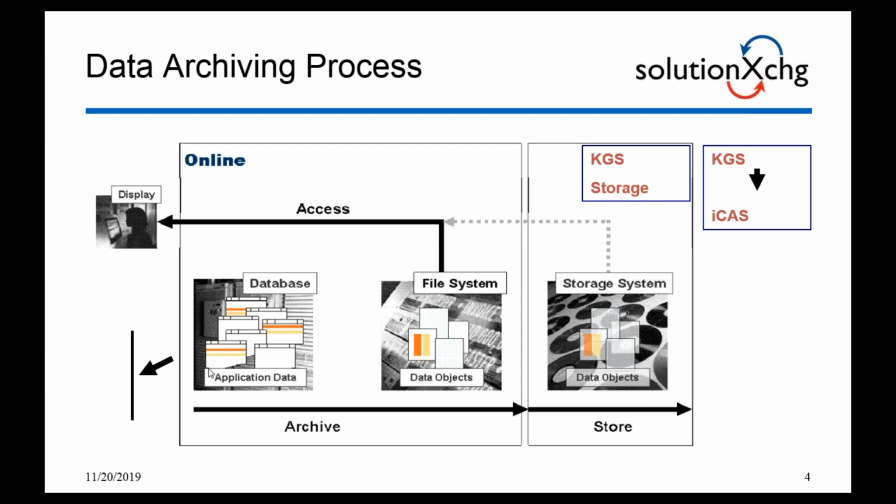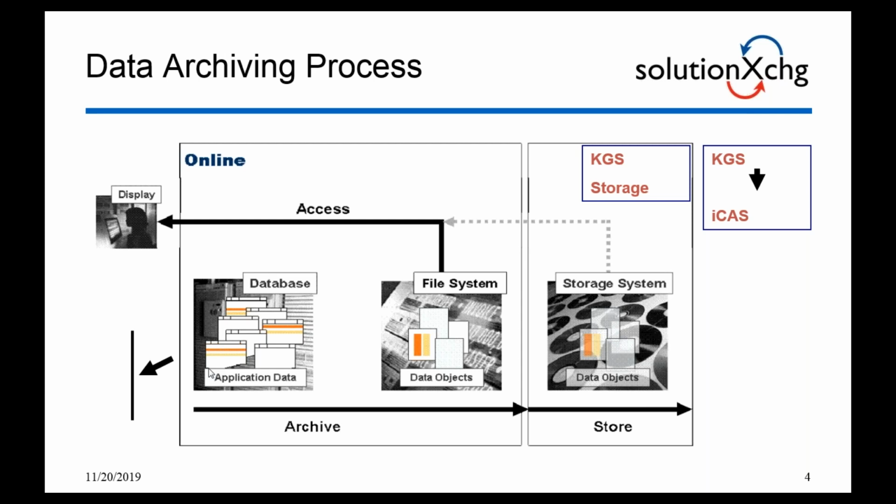That archive file is always first written to a file system. So the file system is typically mounted to your SAP system, and that could be your final storage space, or that could be just your intermediate location where the data gets stored temporarily before it then gets stored.